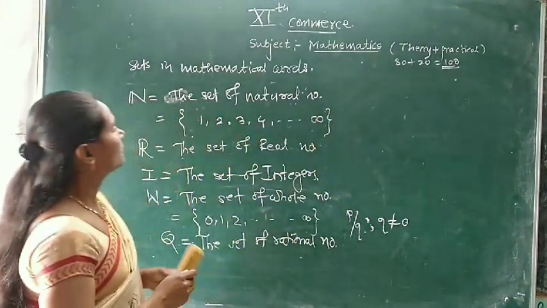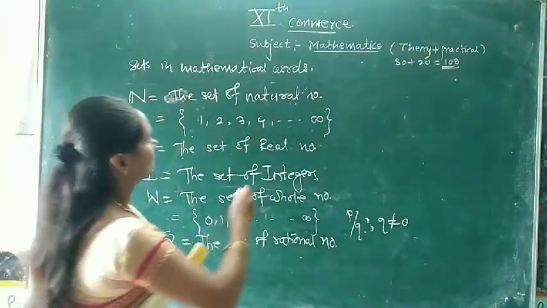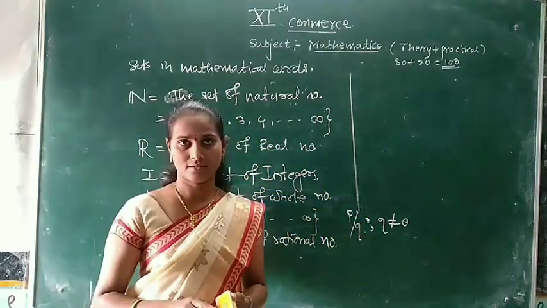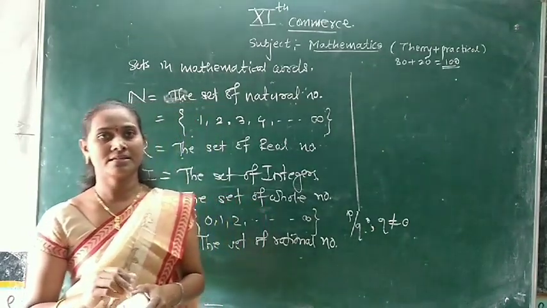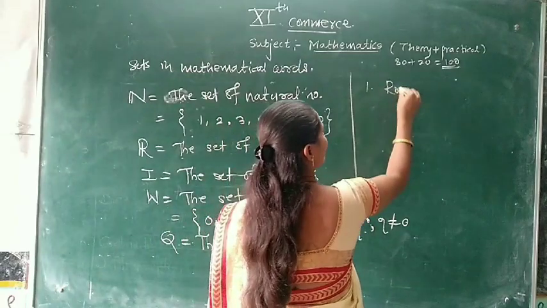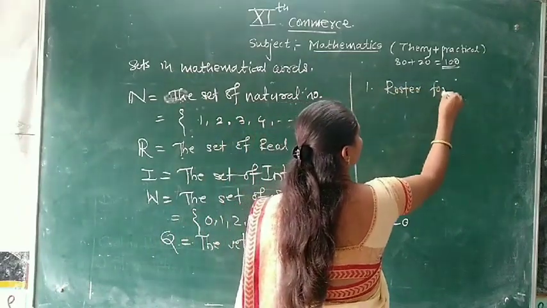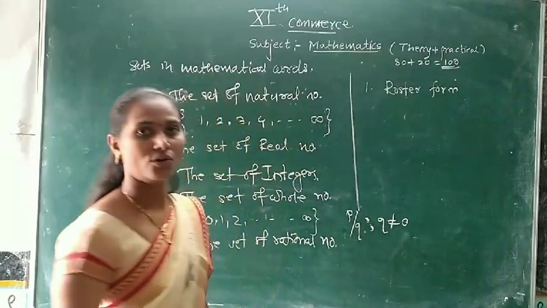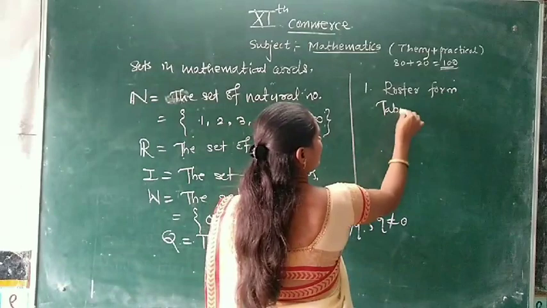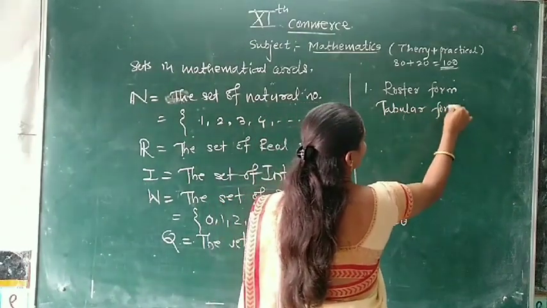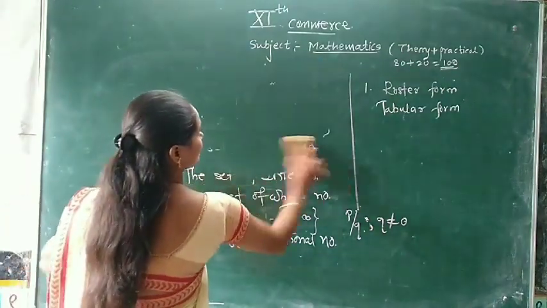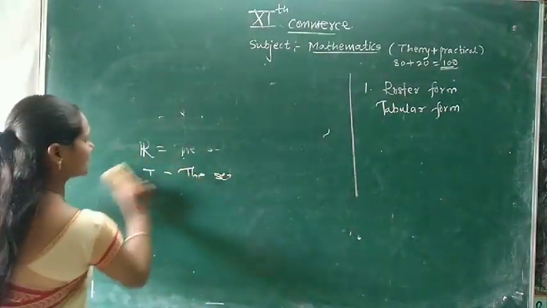Now, there are two methods to represent a set. The first method is the roster form, also called the tabular form.